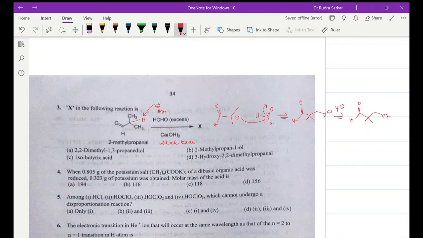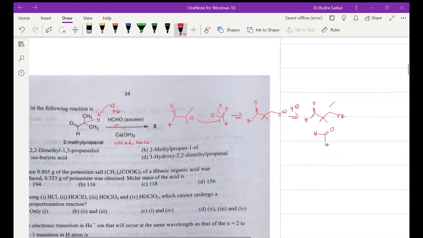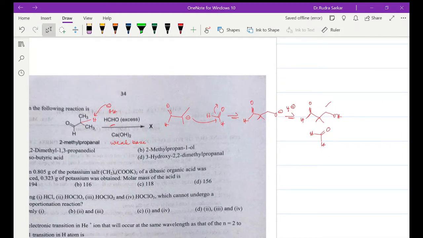Now since there is an excess amount of HCHO, this molecule and the formaldehyde both do not have any alpha proton, so a Cannizzaro type reaction will now take place over here, in which the OH minus will make an attack over here, which will go like this, and this will give you an intermediate of this type.